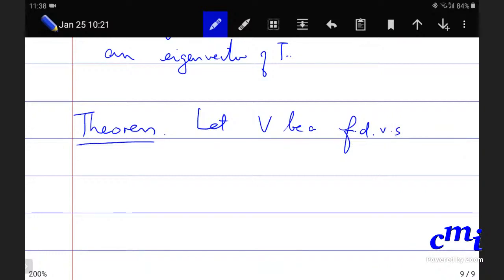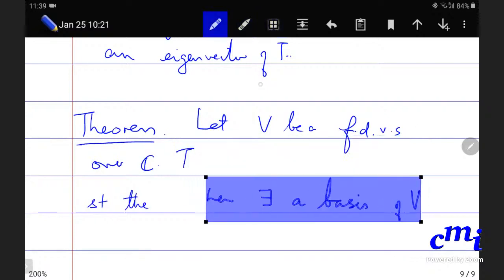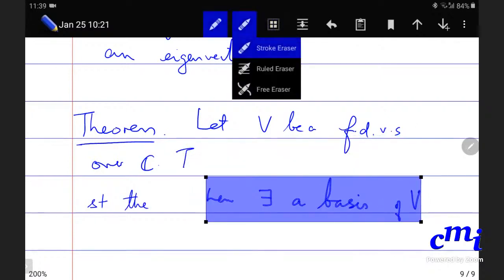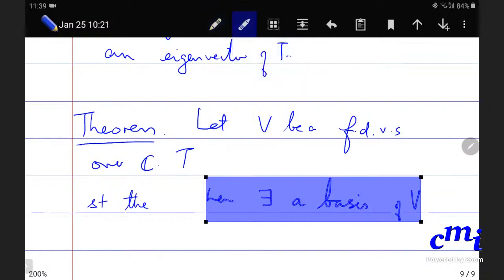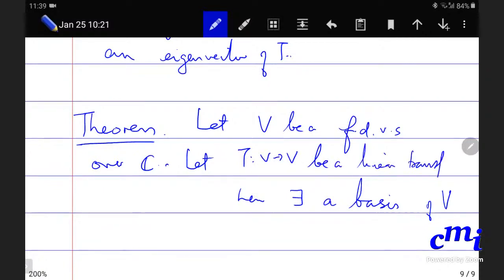Vector space over C. Let T from V to V be a linear transformation.